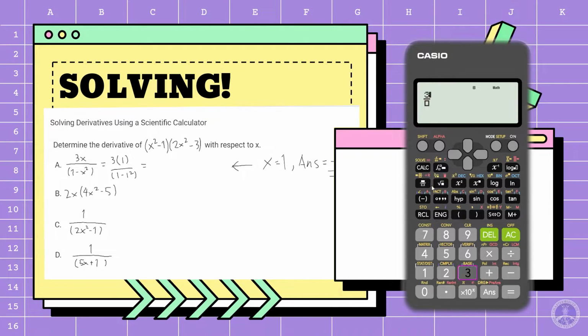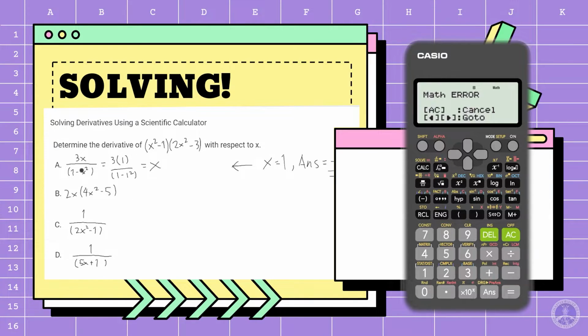Fraction sign. 3 times 1 over 1 minus 1 squared. That should be it. And the result of this is a math error. So that means that's not the answer. So this is a no.